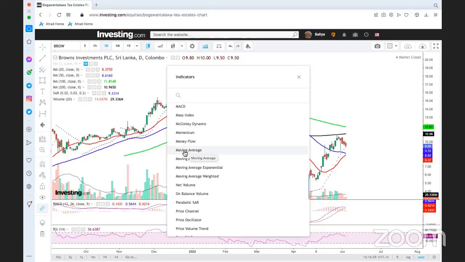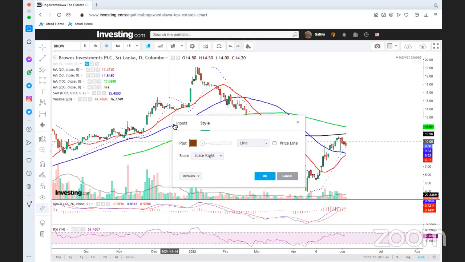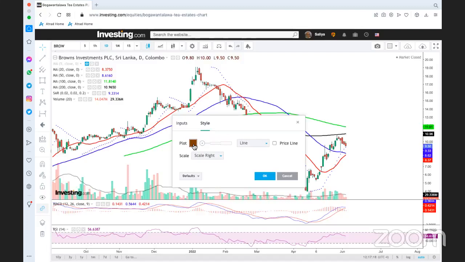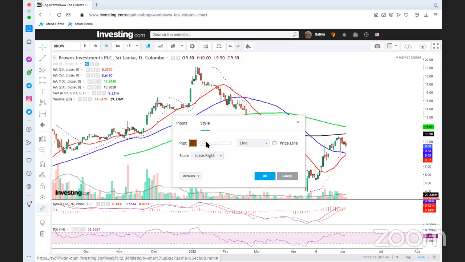Here I have used 5 indicators. So 5 times you click on this, and then you have to go to this format button and put your time periods under the inputs. Then you can use the color code. Normally by default it's something like this, right? So you can increase it up to the maximum, and then use your color, and you can even make it thicker like this, or you can keep it like that.